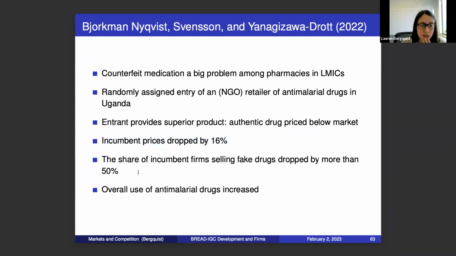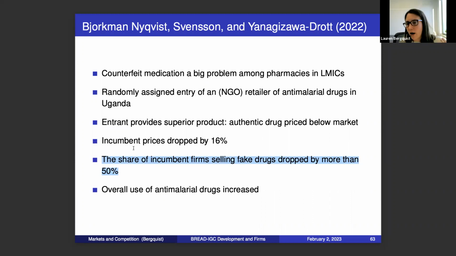And most interesting, they find the share of incumbent firms selling fake drugs drops by 50%. So bringing in a high quality firm can mean other firms start to match and compete on quality. This also suggests something about the issue. You might have assumed there's lots of counterfeit medication, but maybe these small mom and pop stores don't know or have no control over their quality, and the problem comes upstream.